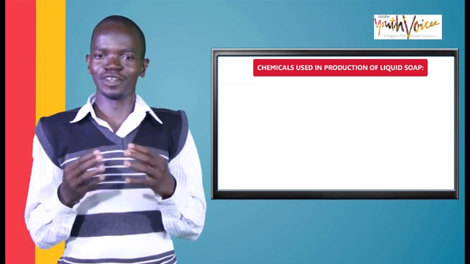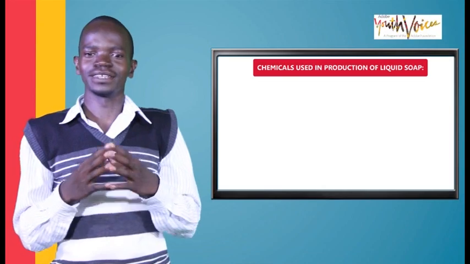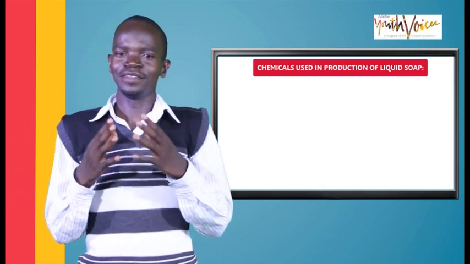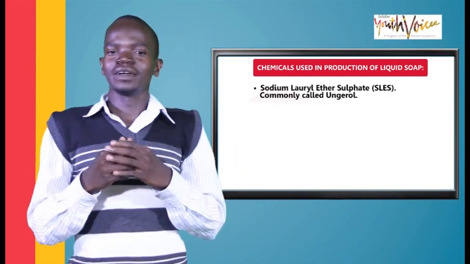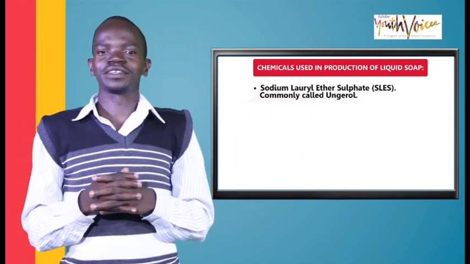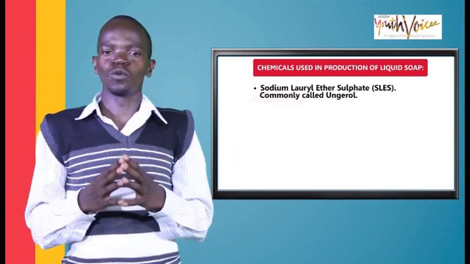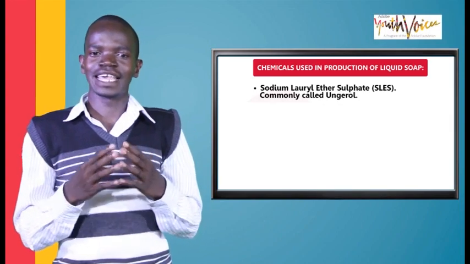The following chemicals, which are easily available on the local market, are used in the production of liquid soap. The functions of each of the chemicals used will be explained later. These chemicals are sodium lauryl ether sulfate, commonly called Wungarol, or just SLES.